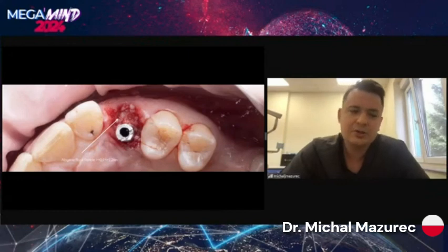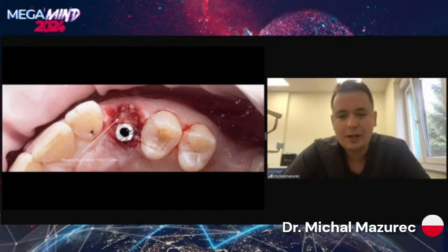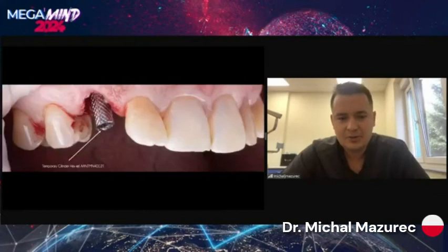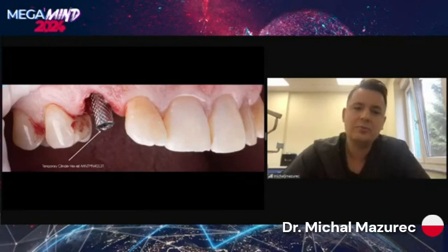In these cases, we use the allogenic bone, the very small particle, the smallest that we can get, 0.1 to 1.2 millimeters in size. In this case, we use a temporary cylinder with the hex. Why with the hex? We have to remember that the more anchorage we have in the implant, the more stable it is.